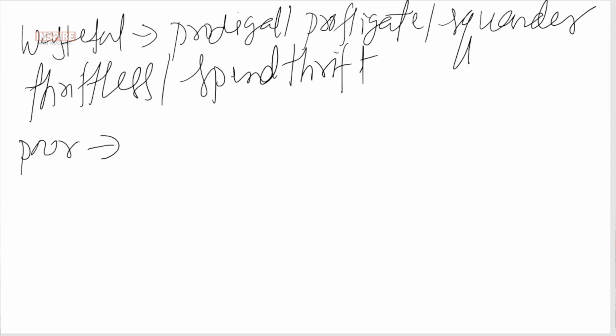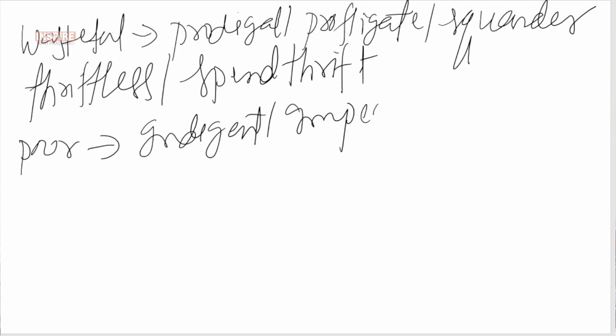So automatically you see how the money chart grows and how easy it is to remember: the words indigent, impecunious, impoverished. Don't mind my handwriting.